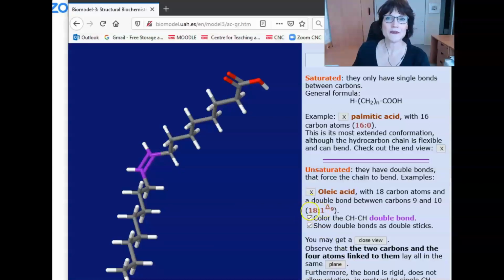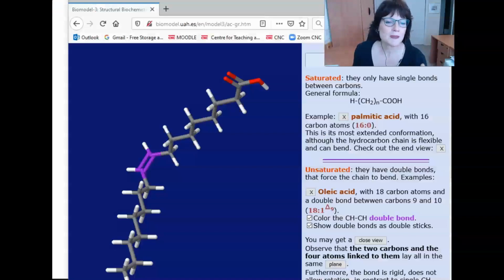This 18:1 refers to the fact that it's an 18 carbon with 1 double bond, and the delta 9 represents the placement, or better said, location of the double bond.